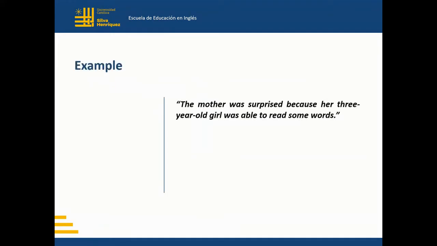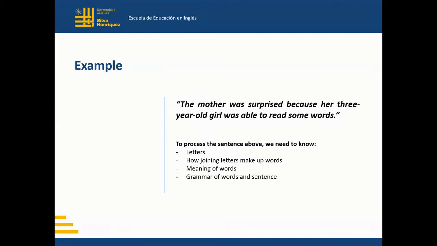For example, let's see the following sentence. The mother was surprised because her 3-year-old girl was able to read some words. To understand this sentence, we need to process letters, how to join letters to make up words, the meaning of those words, and the grammar governing the sentence construction.